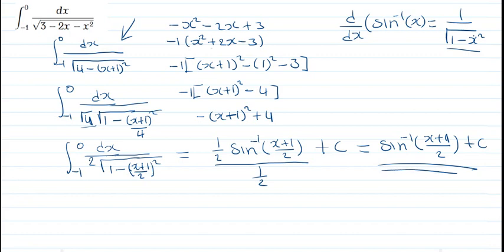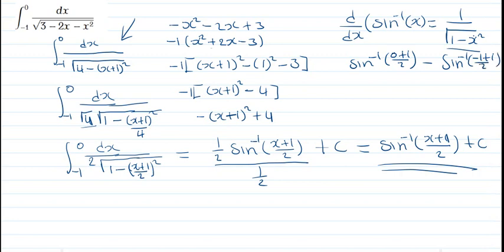So since we have limits, we can plug them in. So we have sine inverse of the upper limit, which is 0, so it's 0 plus 1 over 2, minus the lower limit, which is negative 1, so negative 1 plus 1 over 2.